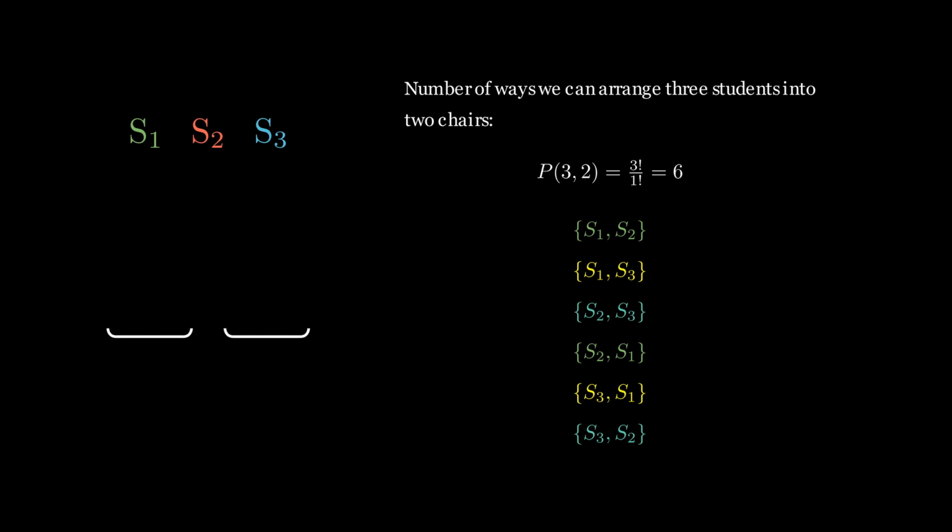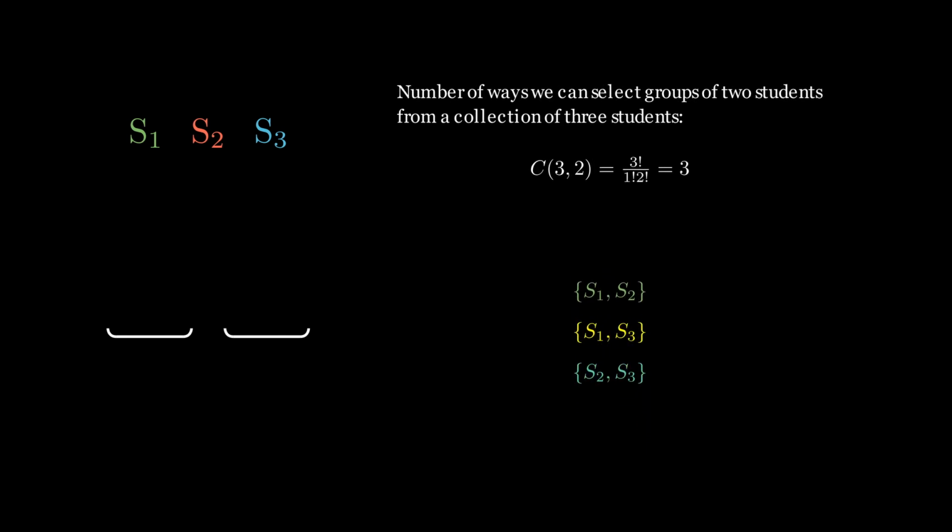If instead, we want to determine how many unique 2-person groups we can form from the group of 3 students, irrespective of the order, we have to modify the permutation formula to account for these duplicate groupings. In the example here, we can see that each group has 2 duplicate elements. If we add a factor of 2 to the denominator of the above equation, we can eliminate these duplicate values.